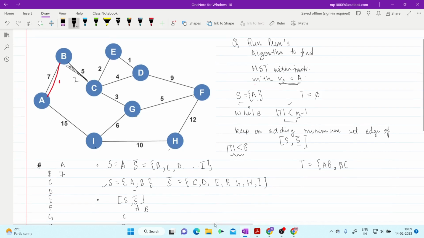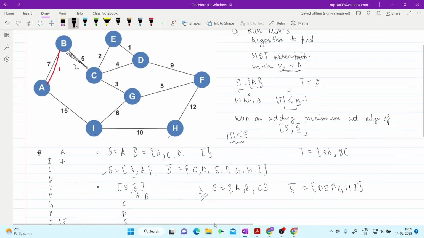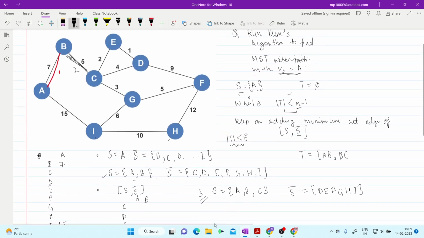Now at the third stage S becomes ABC, and S bar is the rest of the vertices, which is D, E, F, G, H, I. So what will be the next edge?